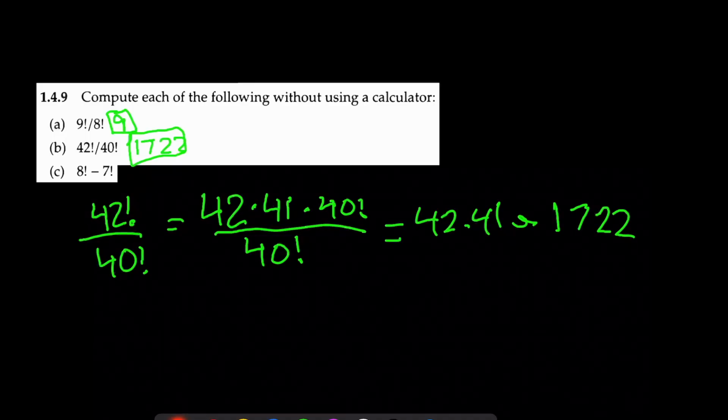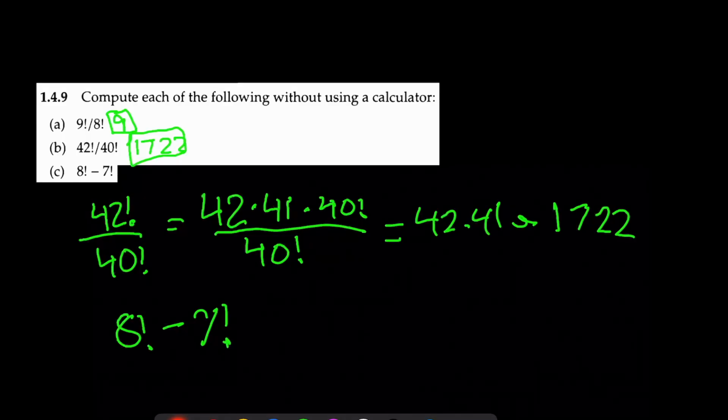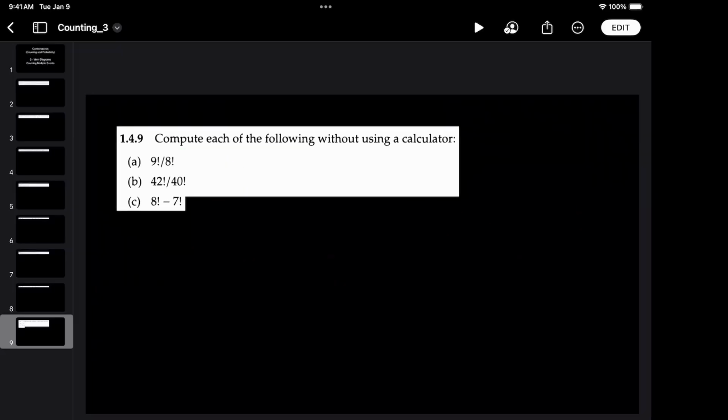Okay, now what is 8 factorial minus 7 factorial? Now, this seems like something that would be a lot easier just to write out. I don't want to find cool ways to do this. So let's just brute force this.